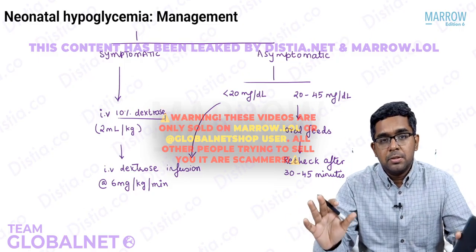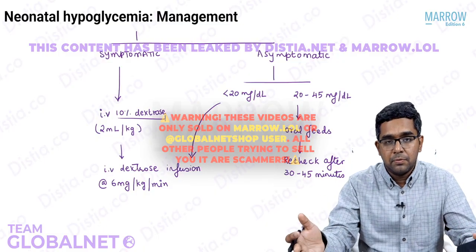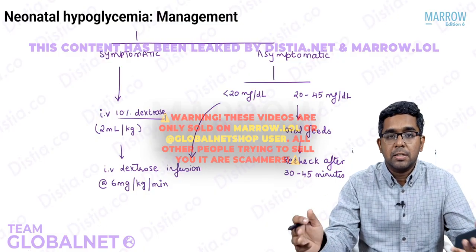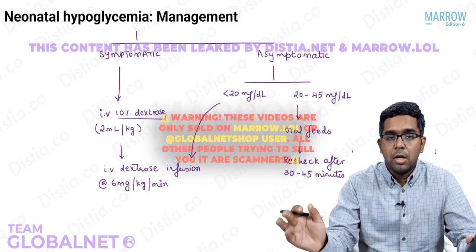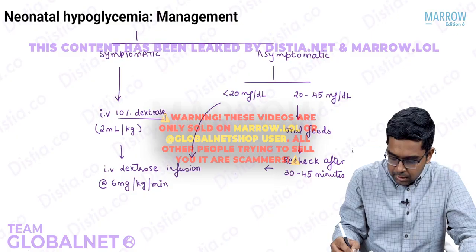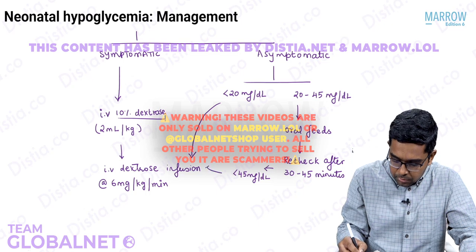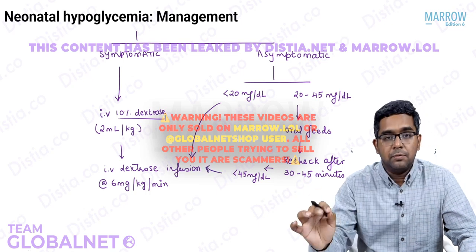If it comes to be normal, then you advise the mother to continue giving breastfeeds every 2 hourly or as per the requirements of the baby. However, while rechecking, if it is less than 45 milligram per deciliter, then you have to start IV infusion.